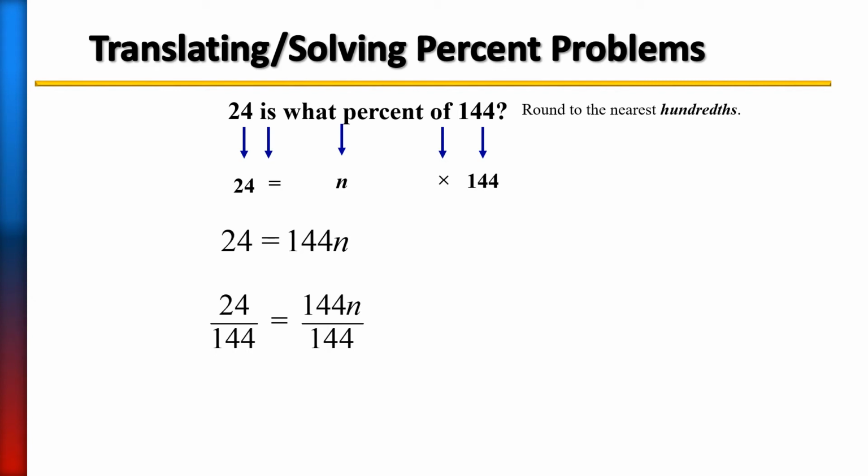What you should get on the calculator is 0.1666. That goes on and on, but we're going to put a bar over the 6 because it's the 6 that's repeating itself. But remember, for this one, we have to write it in percent form.